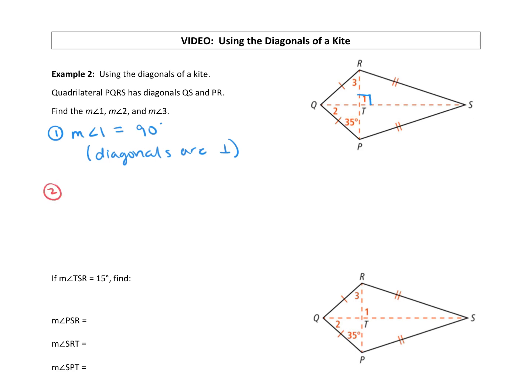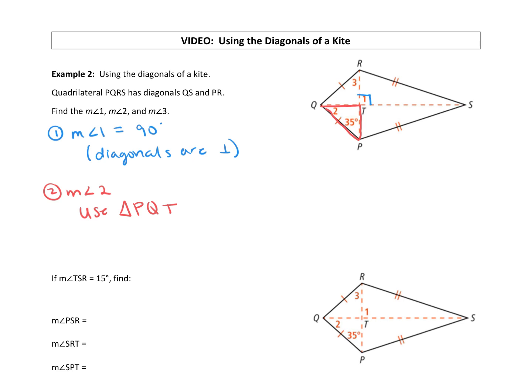All right, so we've got angle 1. Next, let's find the measure of angle 2. If we look at the measure of angle 2, we can focus on this triangle right here. We can use triangle PQT to help us get that angle. We already know a couple of things.